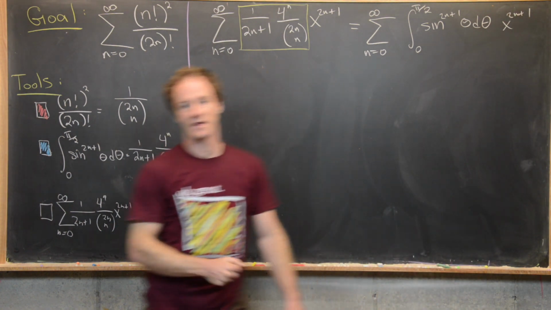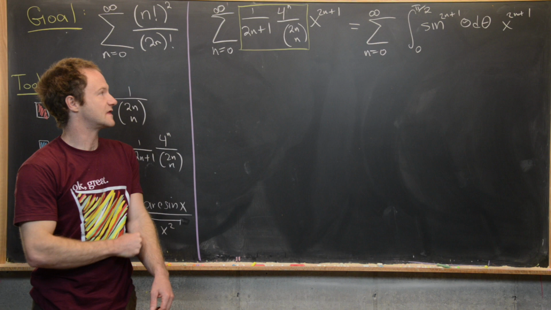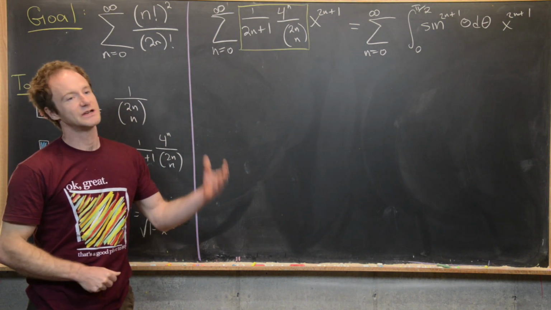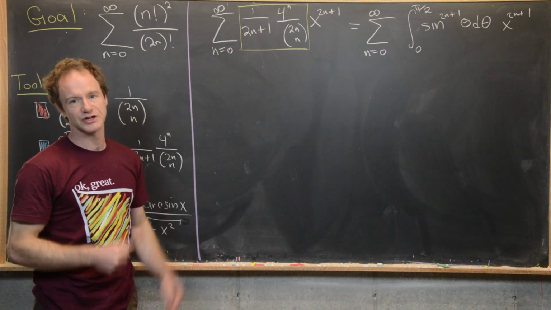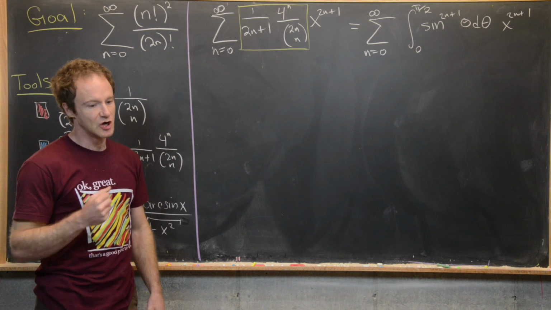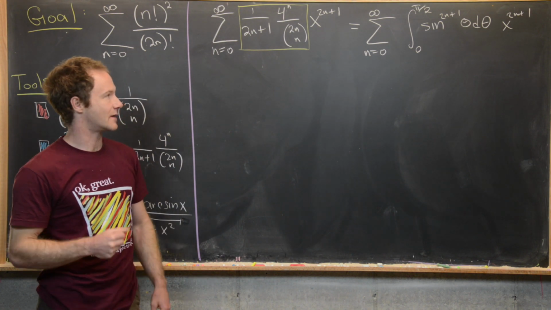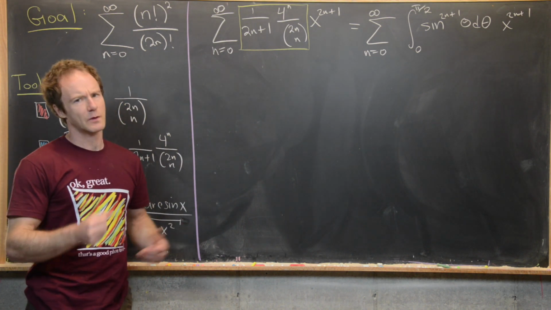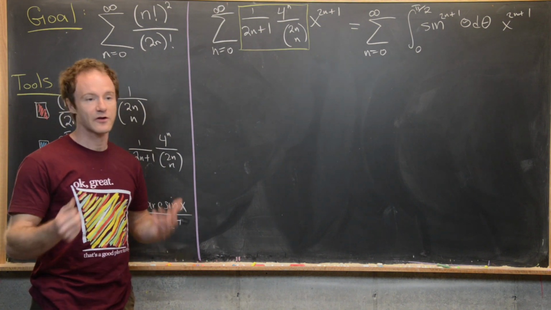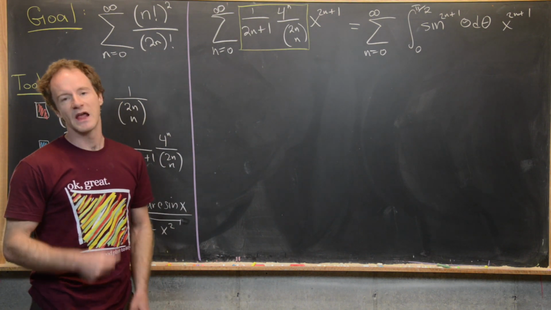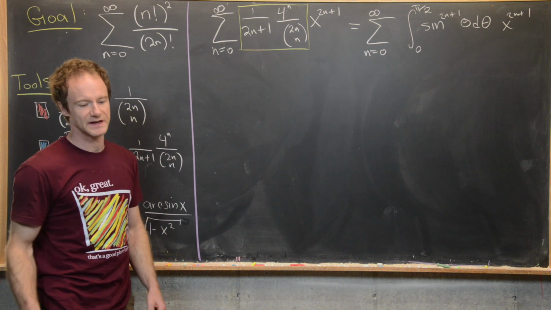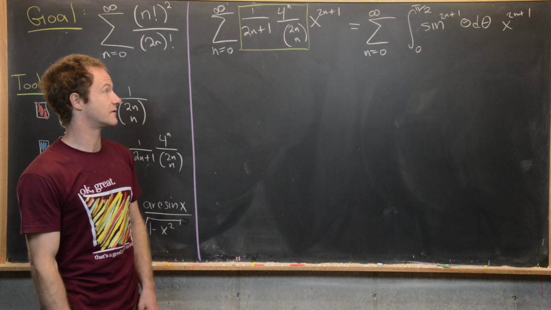Great. Now the next thing that I want to do is rewrite this a bit. So I'm going to do that by switching the order of summation and integration, which is allowable because of the dominated convergence theorem. Maybe we'll do a proof of that on another video because we seem to use it quite a bit. And then we're going to notice that something is a geometric series and move from there.